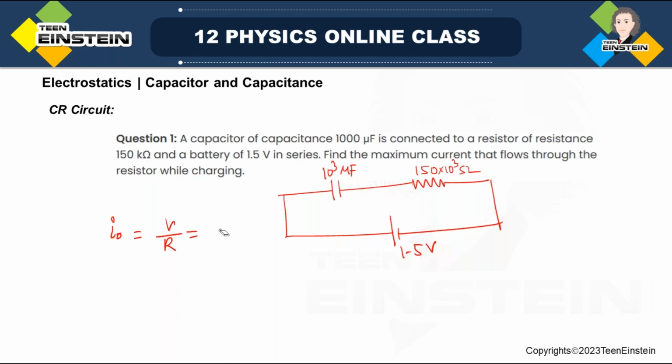We don't have to go anywhere else. There is 1.5 volt given. So 1.5 volt. Now R is how much? R is 150 into 10 to the power 3 ohm. So you can find this out.